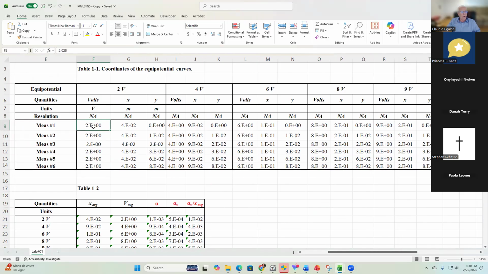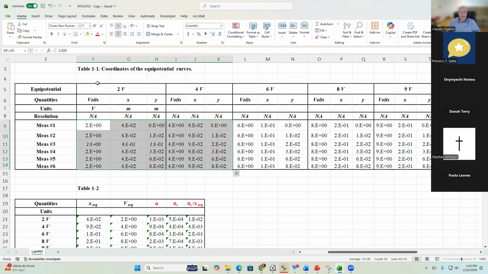You see, we have a voltage here. The voltage is not exactly 2 volts here, right? Because it's very difficult to find the exact point with 2 volts on the multimeter. It's very difficult to find the exact point with 4 volts, and so on. All those values that you see here are not yet displayed with the proper number of significant figures.